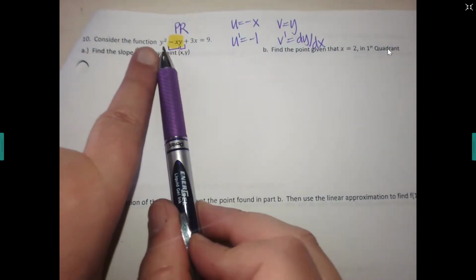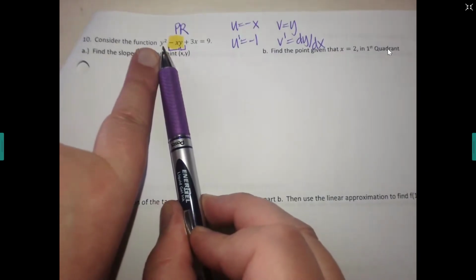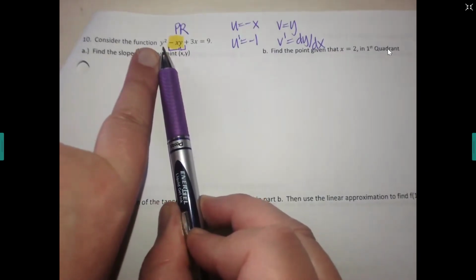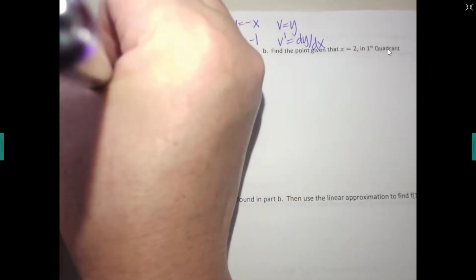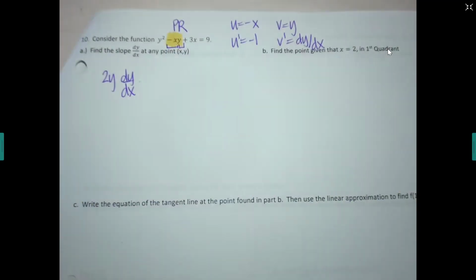So we're going to start here at the beginning. What is the derivative of y squared? 2y dy dx. Very good. Remember, you have to have a dy dx if it had a y on it. Now I get to the product rule. So I'll do this plus that. Since they both have negatives, I'm just going to make it a minus.